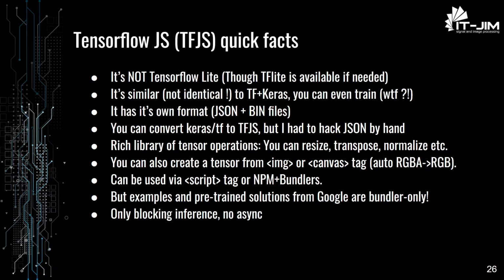TensorFlow JS can be used via script tag or npm and module bundlers. But the example pre-trained solutions are bundler only from Google. I didn't try them. And for some reason, there is only a blocking interface, no asynchronous one. I forgot to say that TensorFlow JS is so big and has a full framework, it can even train neural networks, although training in a browser is probably not a very good idea, I would say. And next, please.